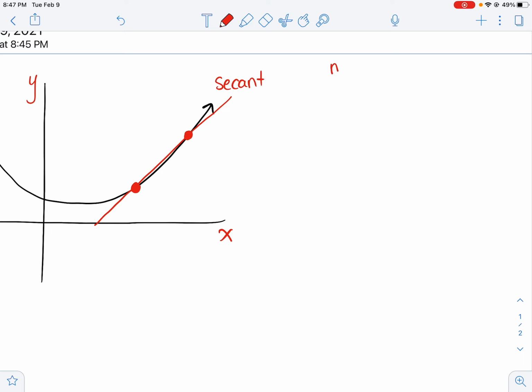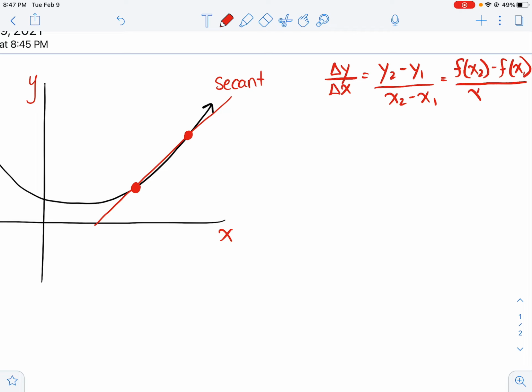Before, if you wanted to find the rate of change, you used the formula y2 minus y1 over x2 minus x1. And then we also said you could write that in function notation, which would be f of x2 minus f of x1 over x2 minus x1. So just rise over run.